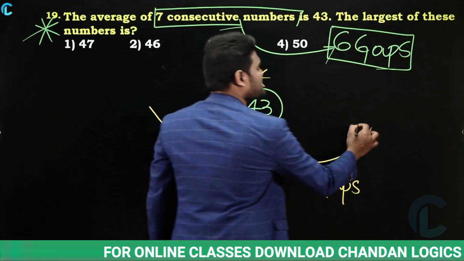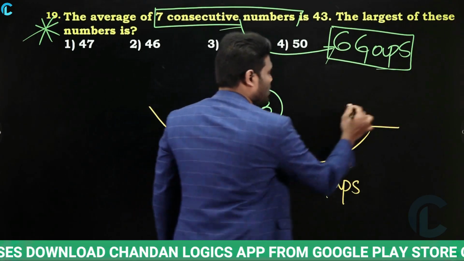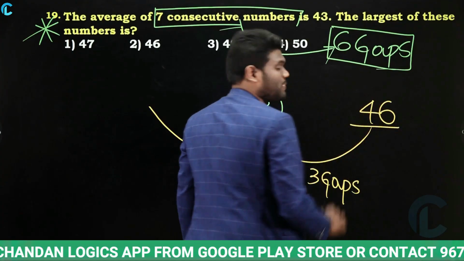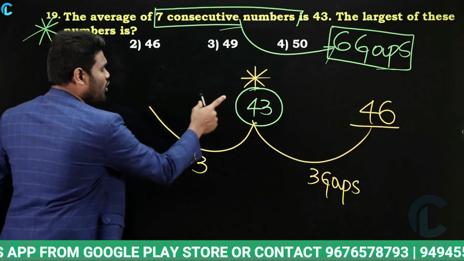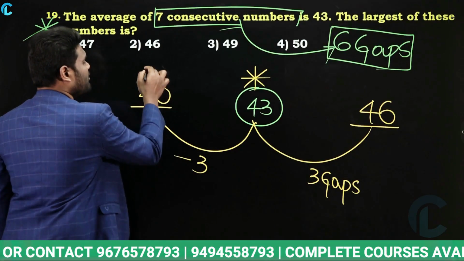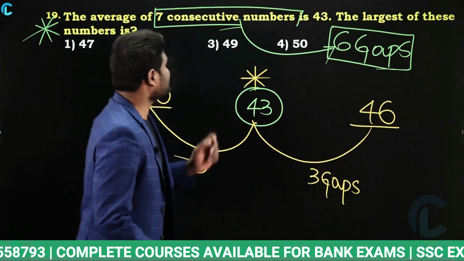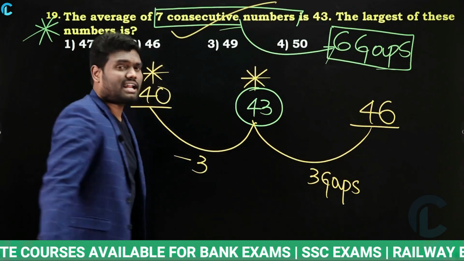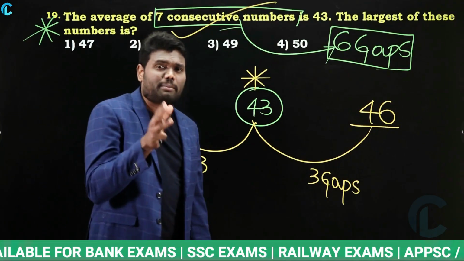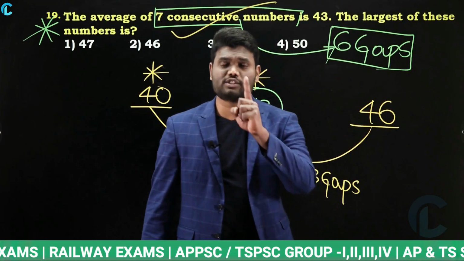If I need to know the highest number, it is 43 plus 3, which is 46. If I need to know the lowest number, 43 minus 3, it is going to be 40. And look here, in this question these are consecutive numbers. As these are consecutive numbers, from one number to another you will have a difference of only 1.